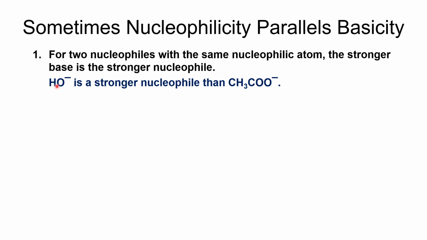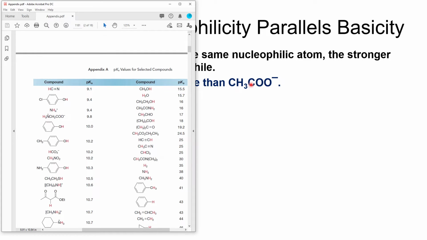The way that we can determine that: the conjugate acid for hydroxide is water, which has a pKa of 15.7, as we saw on that previous problem. That makes this a pretty strong base. The pKa of the conjugate acid of acetate, which is acetic acid, I'm going to bring it up real quick.